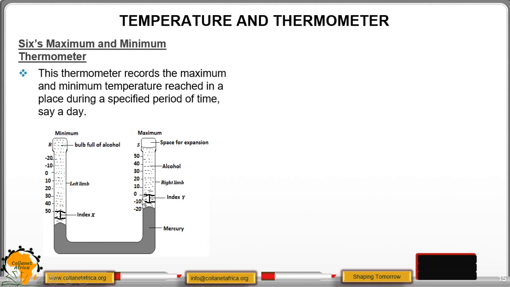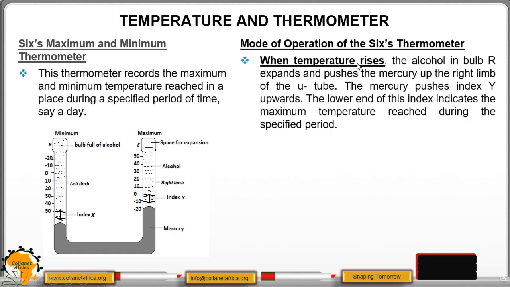If you look at the scale on this maximum part, it starts from -20 moving to 50, which is maximum. At the minimum part, it starts at 50 degrees Celsius and moves to -20, which is minimum. So how does it operate? We start when the temperature rises. The alcohol in bulb R expands.